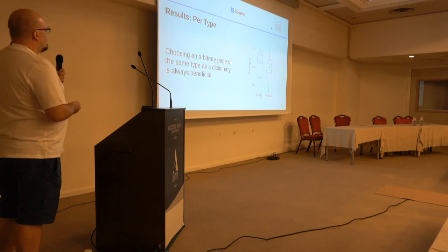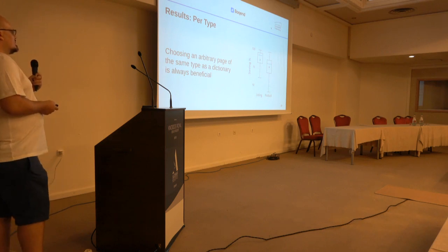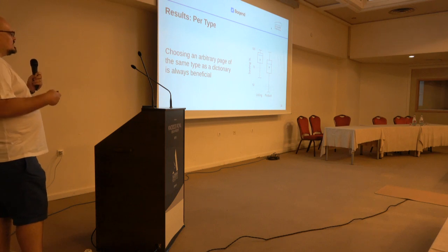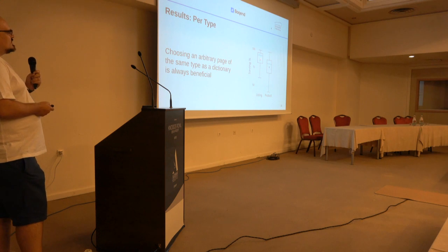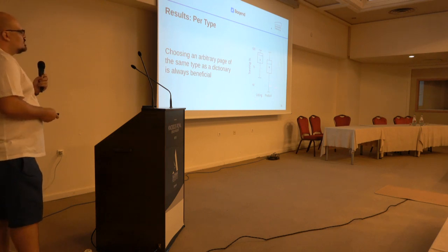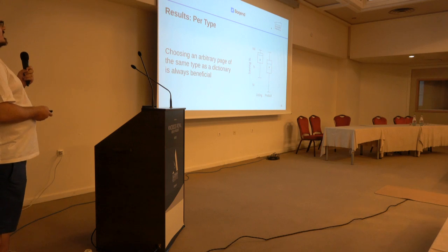Look over here. And yeah, it worked as we expected. Choosing an arbitrary page of the same type as the dictionary is always beneficial. As you can see here, in most cases, for example, listing pages do pretty well for this, up to 90% or something like this. Product pages are a bit worse, but still pretty great, right?